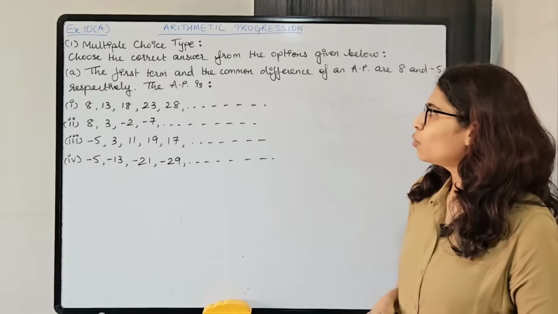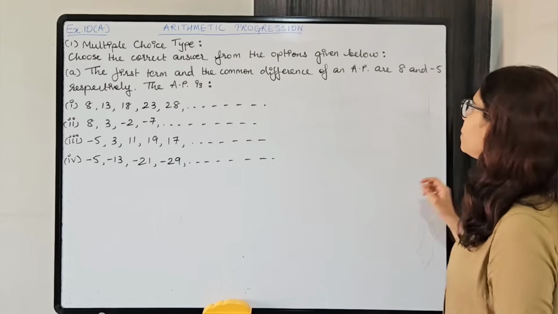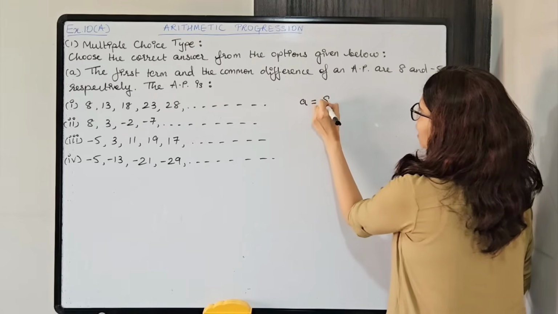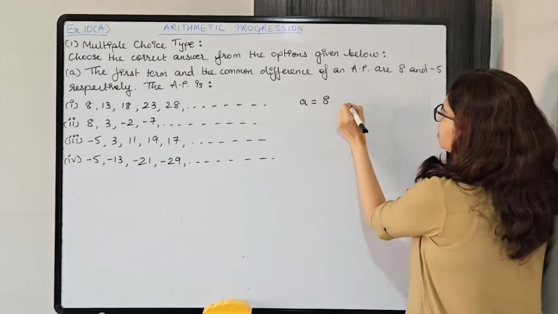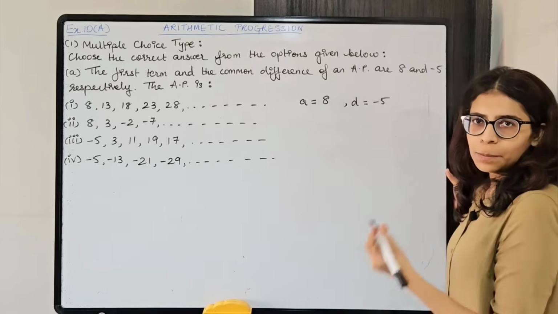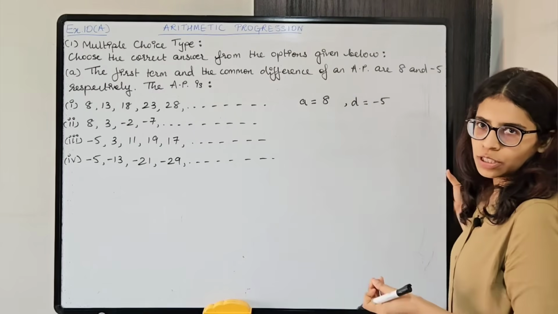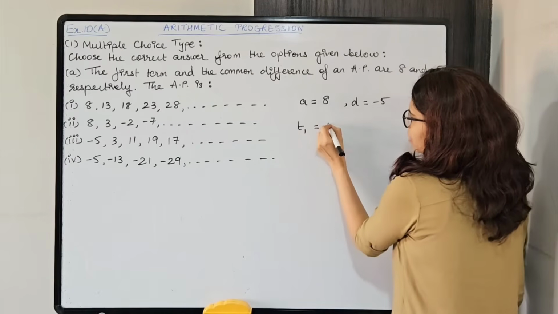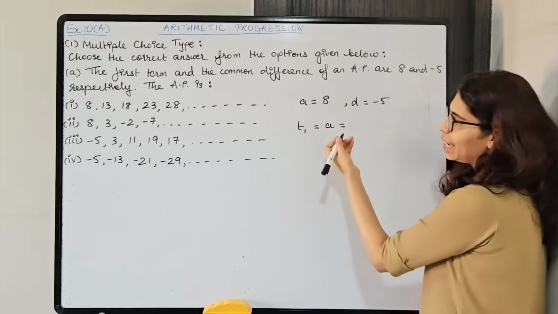Okay. So first term and common difference of AP are 8 and minus 5. First term, that is A, is 8 and common difference, that is D, is minus 5. We need to find out the AP. So find at least 3 terms. T1, that is A. First term is A itself.